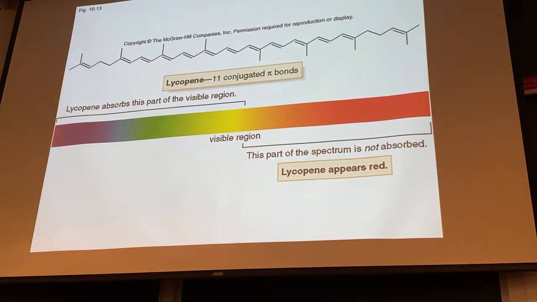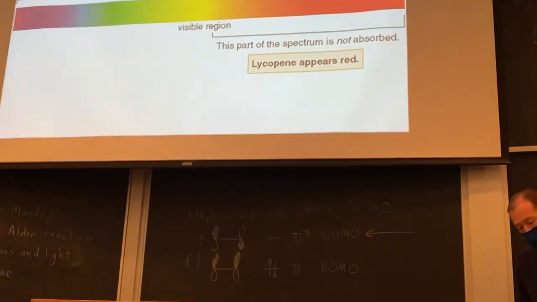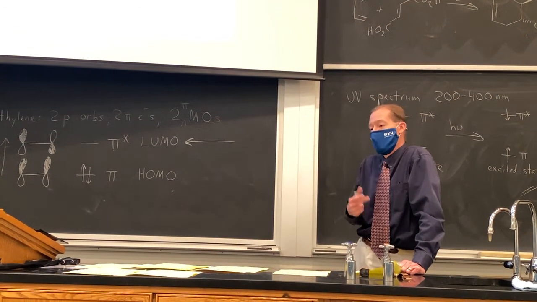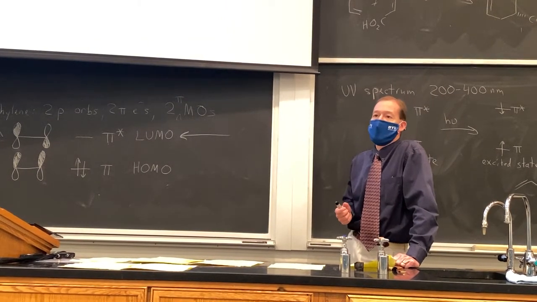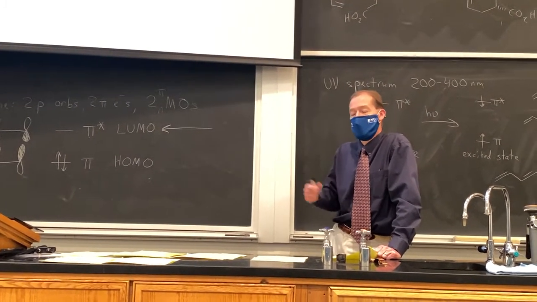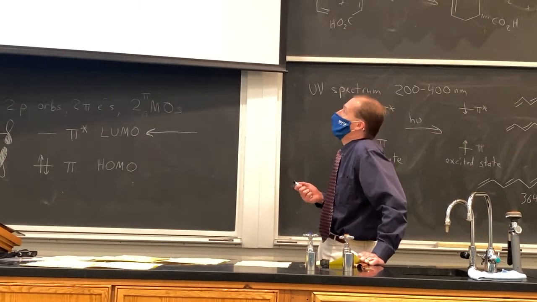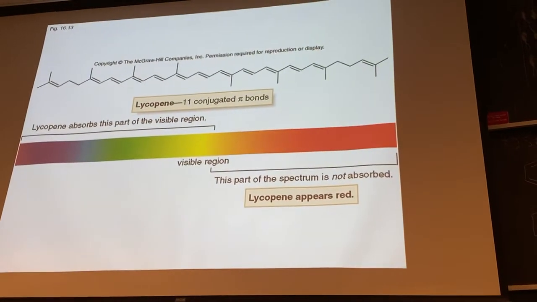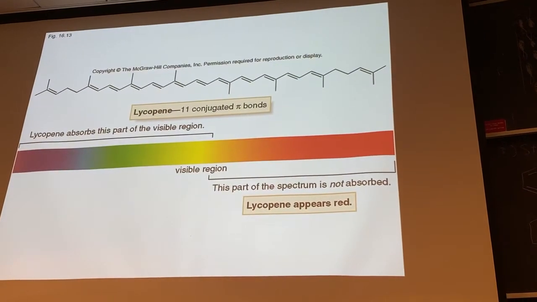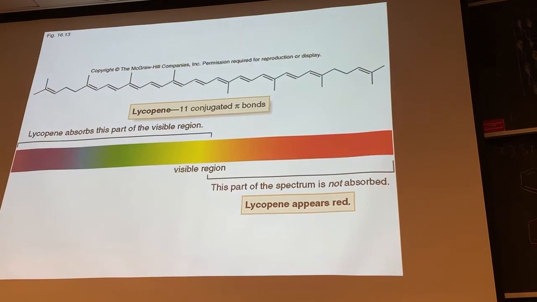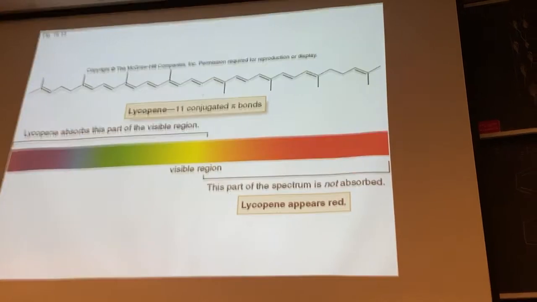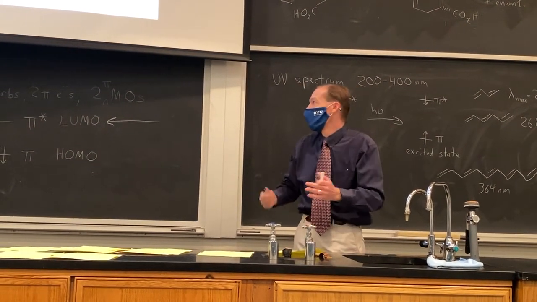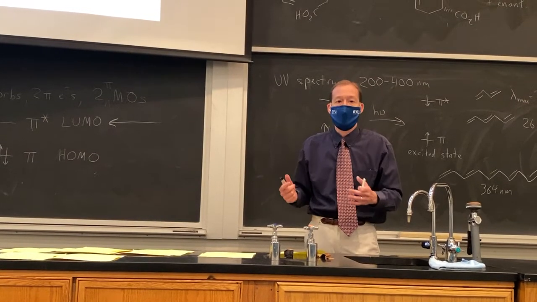There's a great demo that I would do for you if you were here in class, but since you're not, and since the demo lab is closed today, and I can't do it for you on film, I will show you a link to the demo that someone has done online. If you add bromine to tomato juice, you will brominate the alkenes and you'll disrupt the conjugation. And when you disrupt the conjugation, you're now going to increase the gap between the HOMO and the LUMO, and you're going to change the absorption. It's not going to absorb the visible light anymore, so you're going to remove the color.